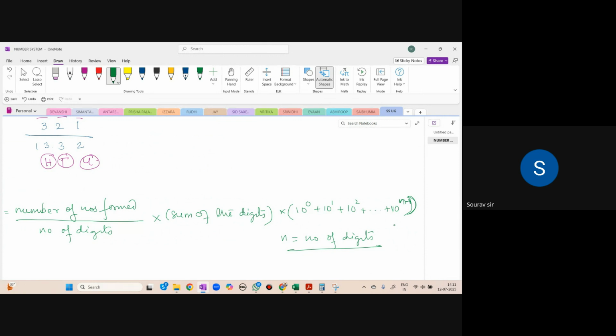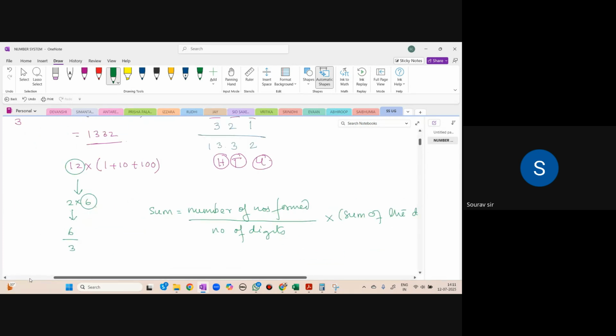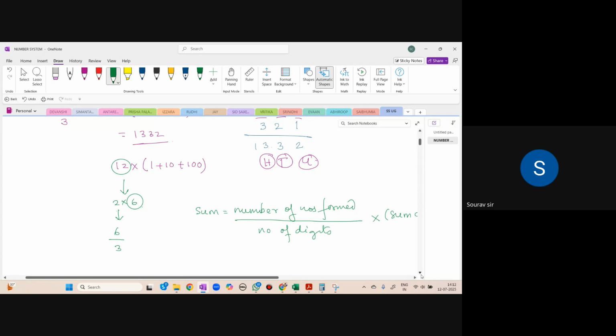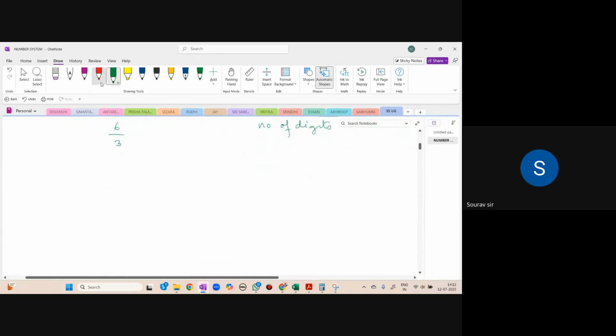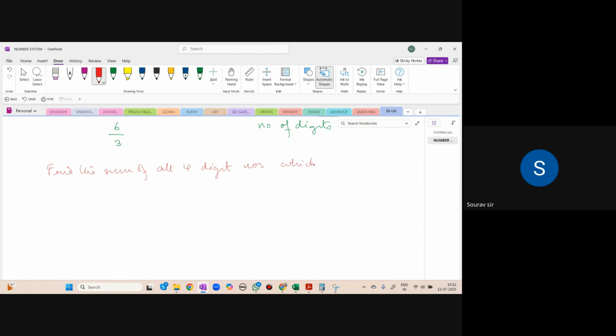Now let me go back to the question. Find the sum of all 4-digit numbers which can be formed with the digits 1, 2, 2, and 3.